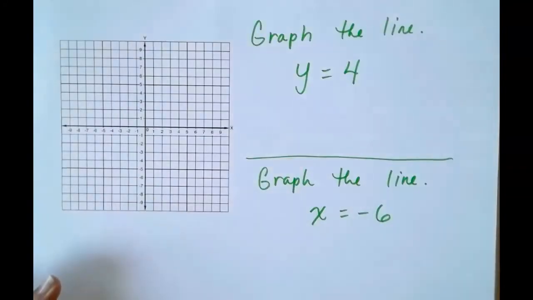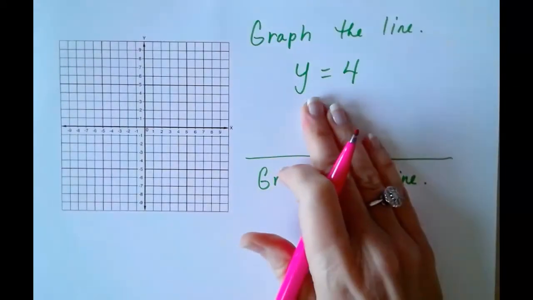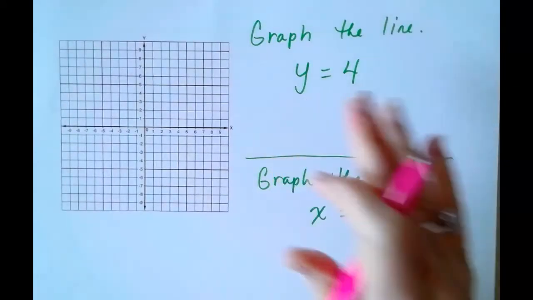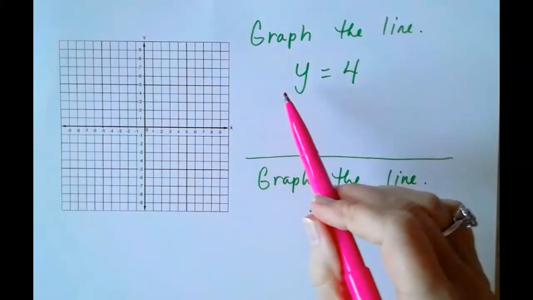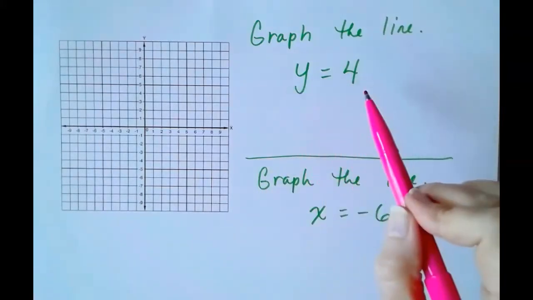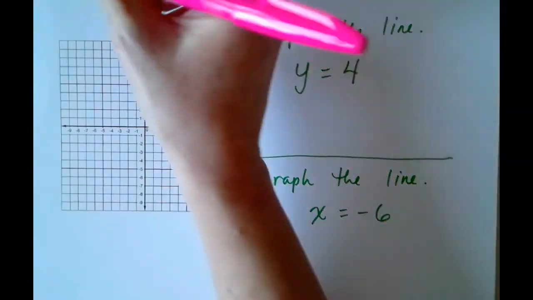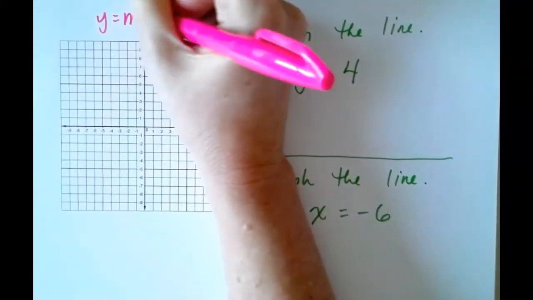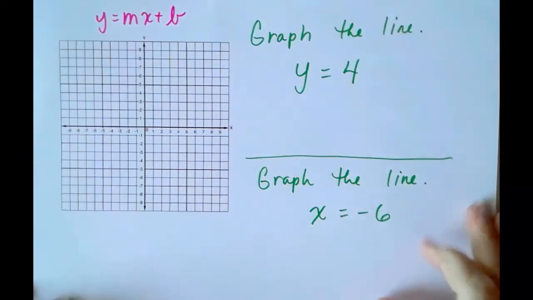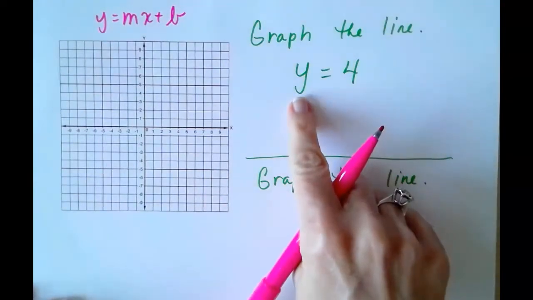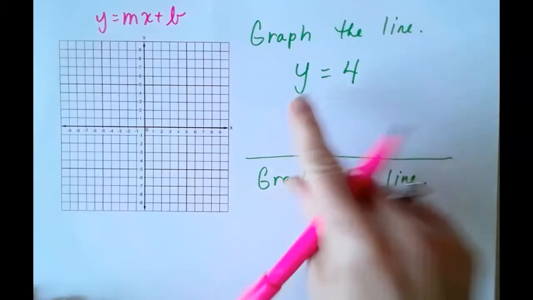Last examples on this last page, just a quick reminder of how to graph very special lines. So look at this first equation, y equals 4. Is it possible to rewrite this equation in slope-intercept form? Slope-intercept form being y equals mx plus b. Well, if we have a y, we are able to do that.